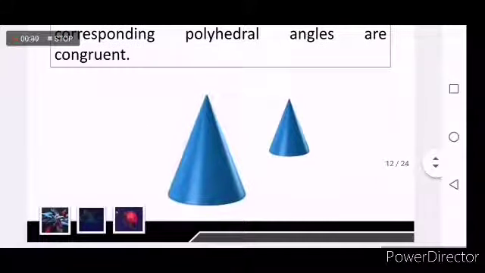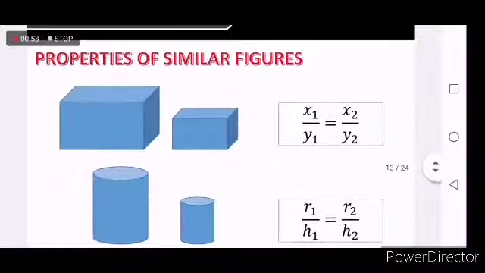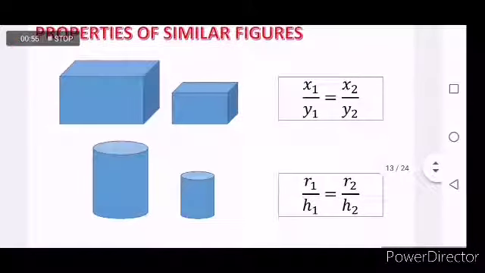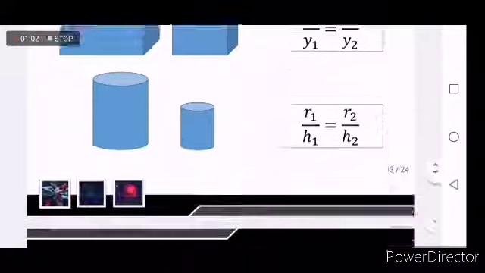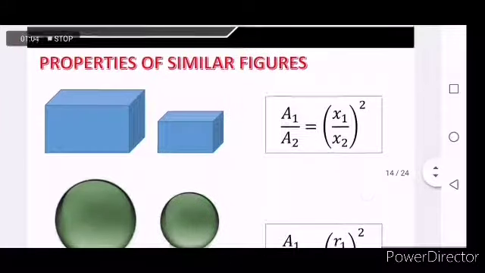So kung meron tayong tinatawag na similar planes, meron din tayong tinatawag na mga similar solids. If their corresponding surfaces and segments are corresponding, therefore they are similar. And for this, we may use ratio and proportion formulas to solve for the missing parts. Okay?